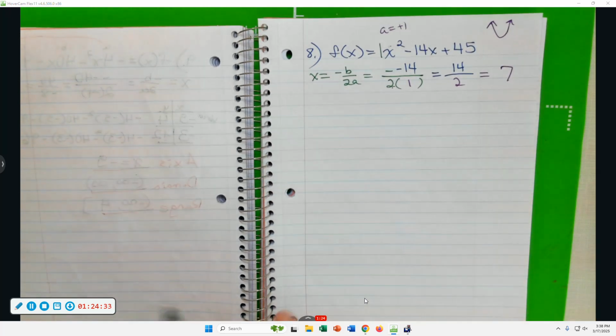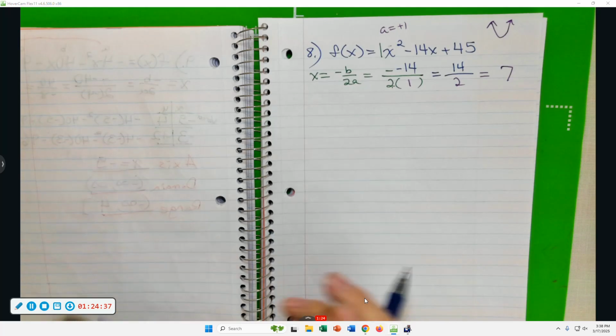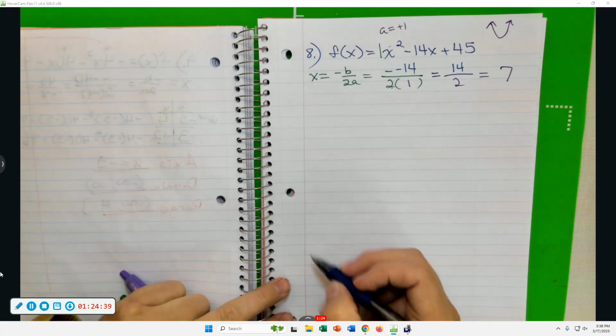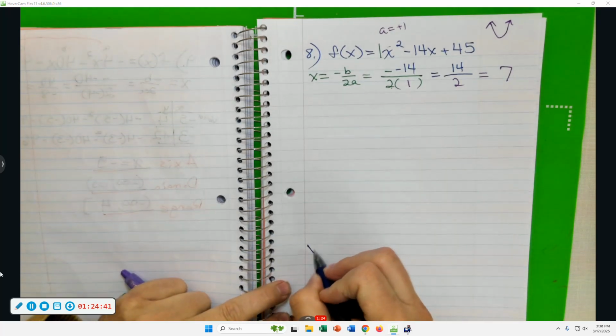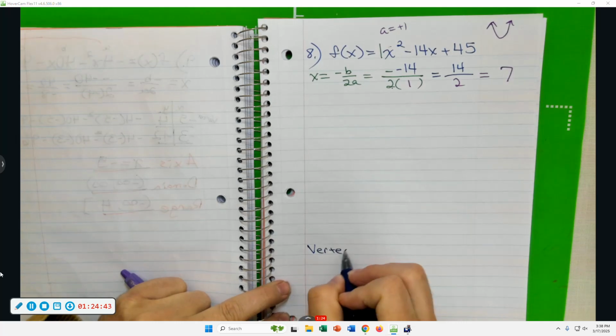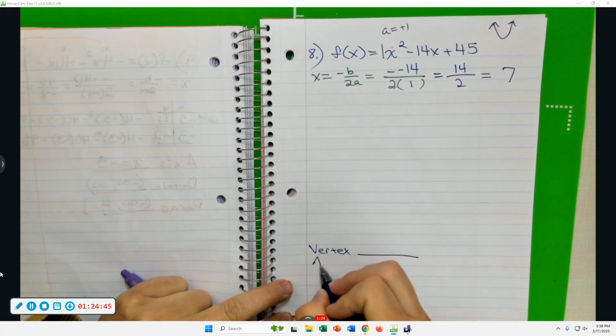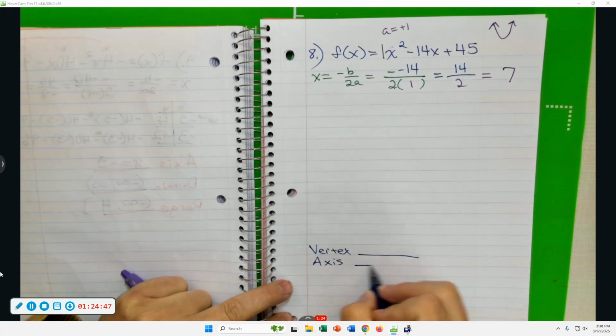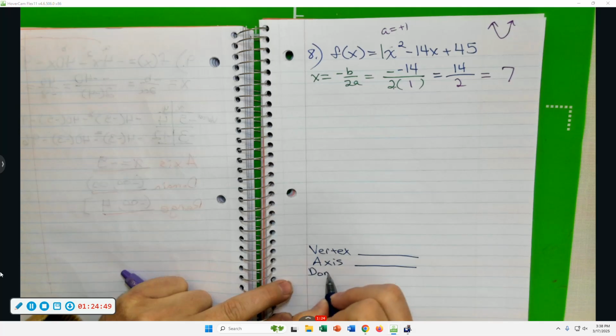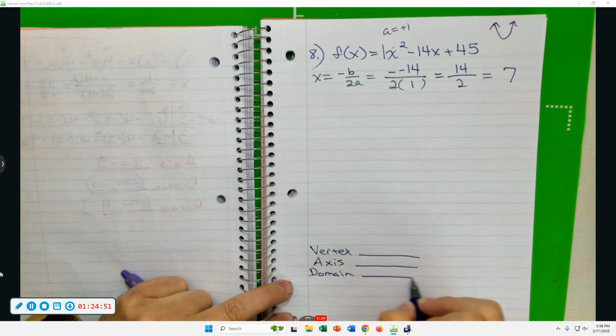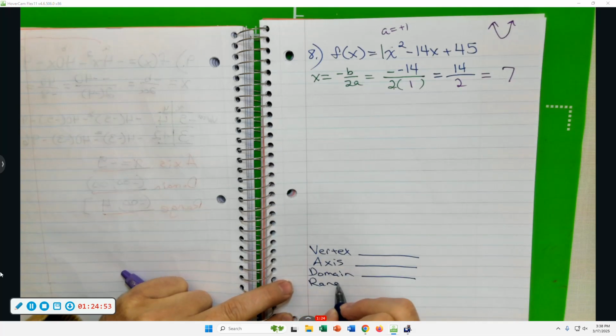Okay. And down here towards the bottom, they're going to ask us for the vertex, axis, domain, and range.